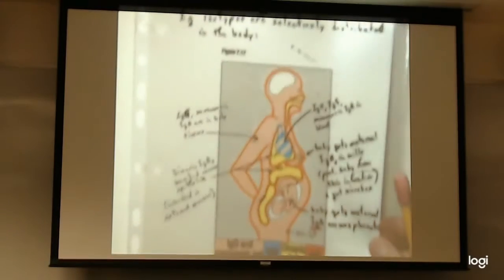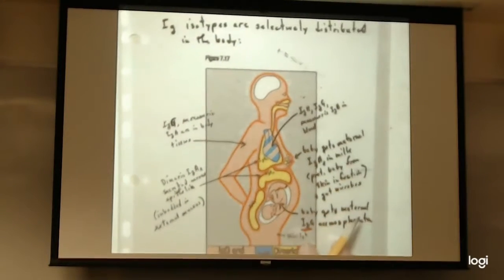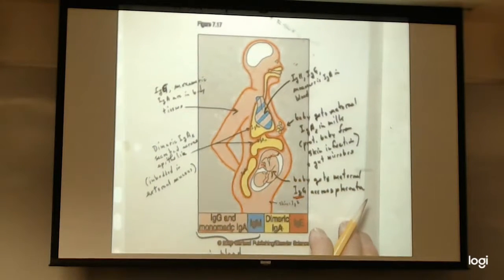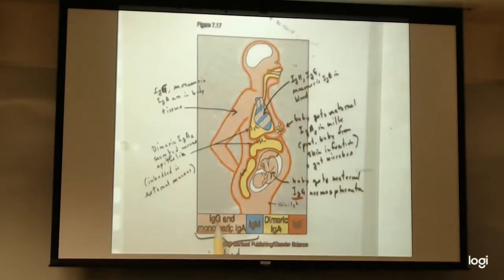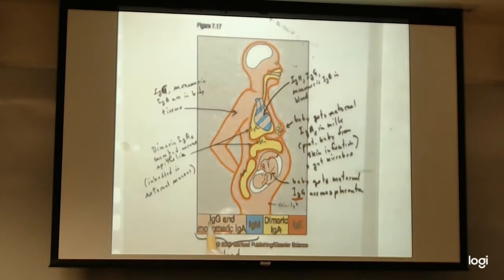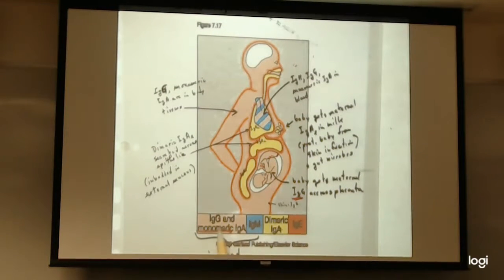So here's the distribution of immunoglobulin isotypes in the body. Color-coded here in flesh-colored pink, I guess you can call this, we have immunoglobulin G and monomeric IgA. So IgG and IgA are in the tissue space here.